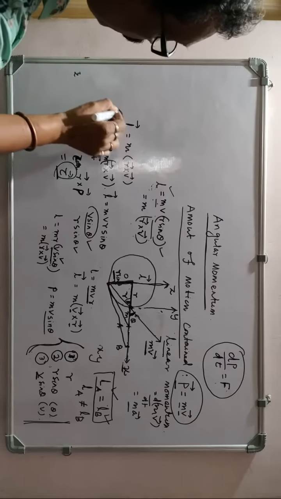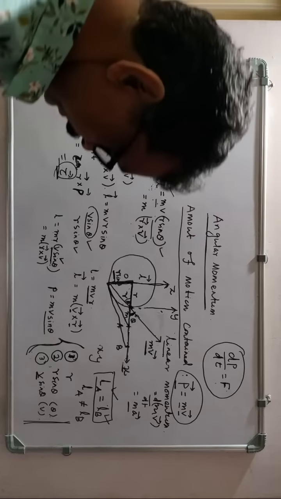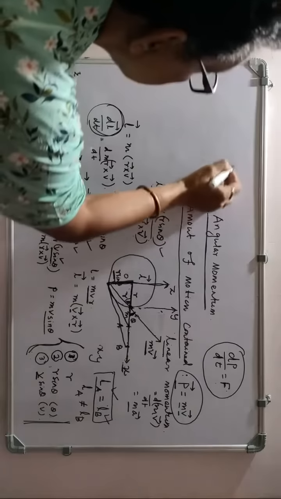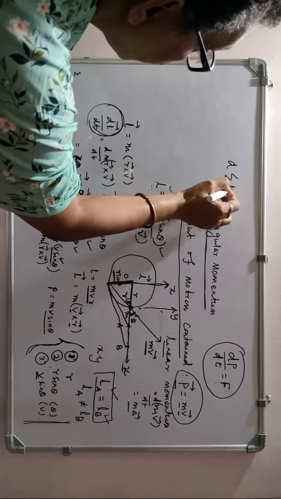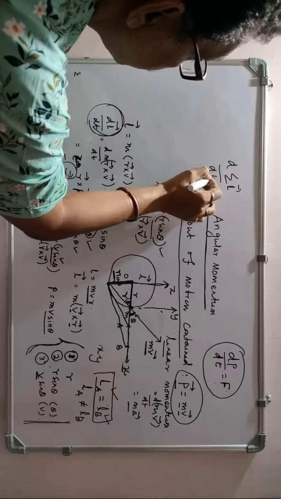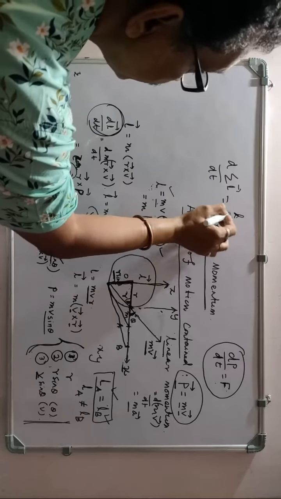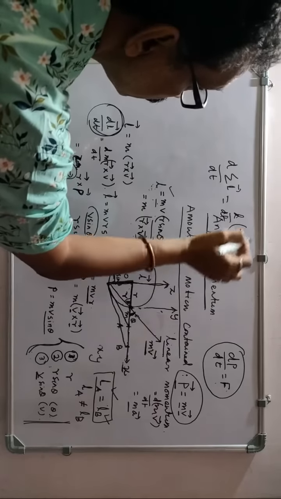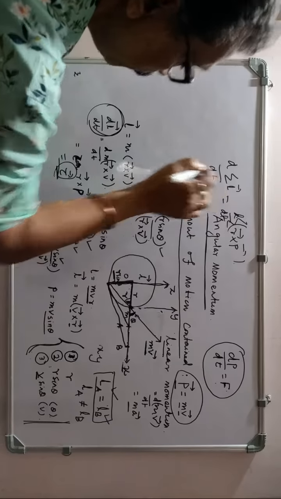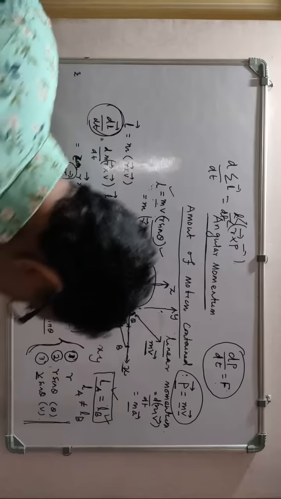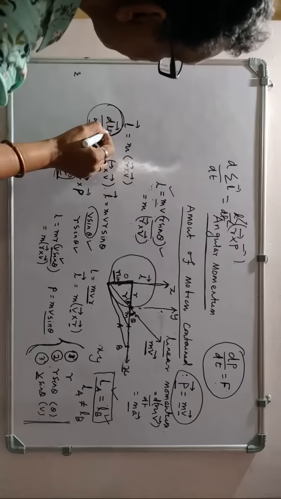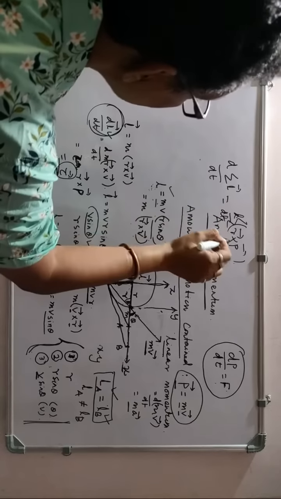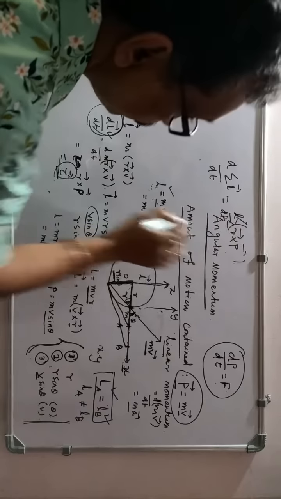You will write the derivative of the vector sum of L with respect to t, that is equal to d/dt of r cross p. You take the vector sum in case of a system of particles. In case of a single particle, you take dL/dt equal to this one, and for a large number of particles, you take the vector sum.